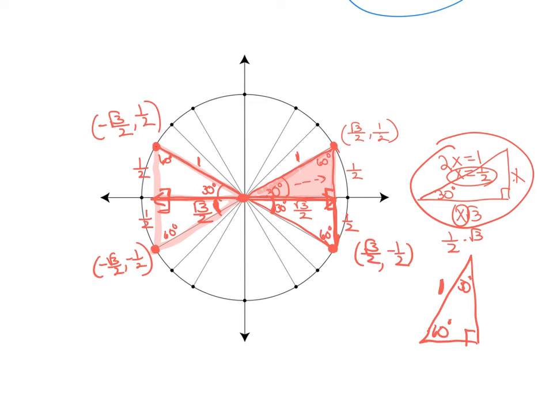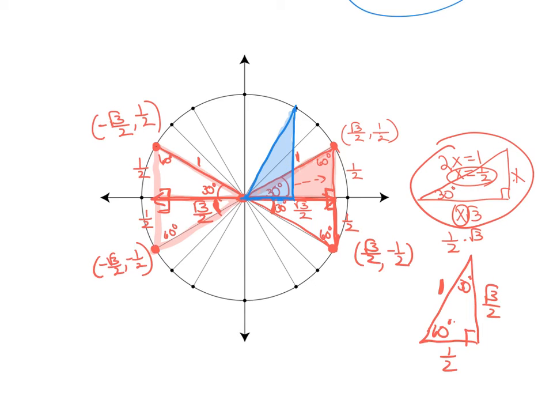Hypotenuse is still 1. Side opposite 30 is still your smaller side. Side opposite 60 is the middle side, okay? I'm going to draw it up here in blue just so you can see it a little bit different. Okay, and that's this right triangle.